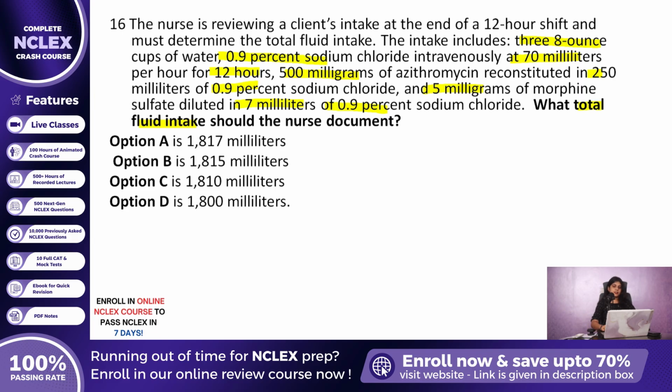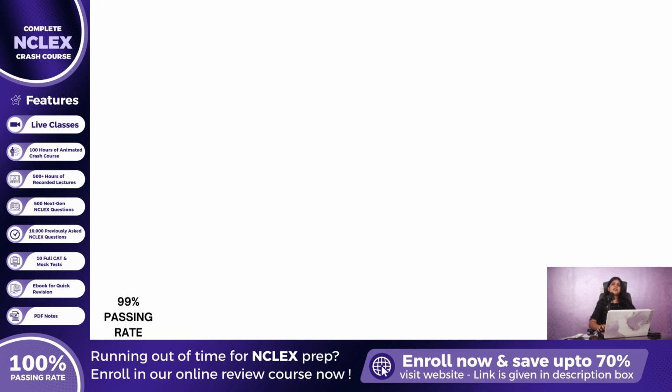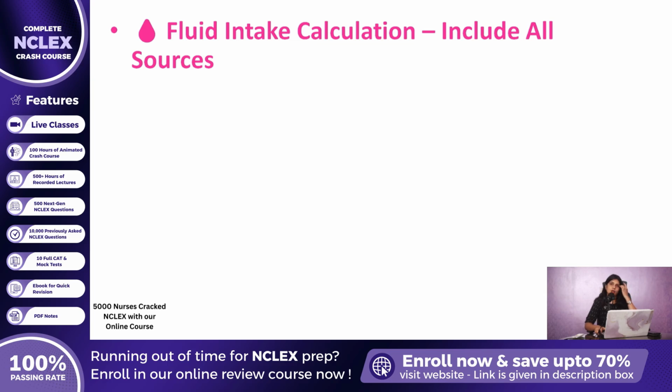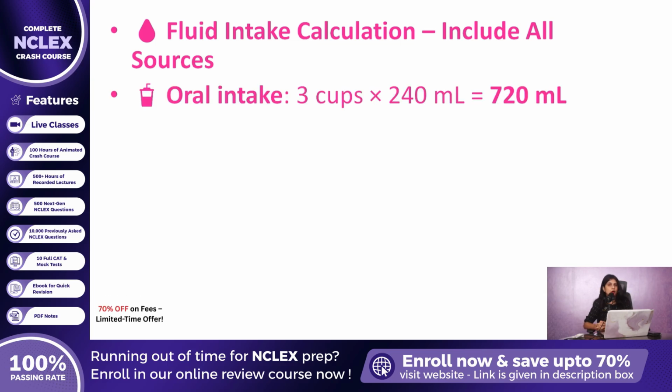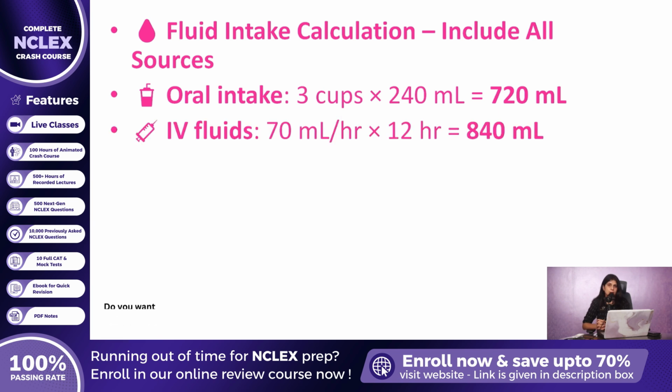The correct answer is option A, 1,817 milliliters. Here is the rationale. Each 8-ounce cup equals 240 milliliters, so 3 cups equals 720 milliliters. The intravenous fluid at 70 milliliters per hour for 12 hours equals 840 milliliters.